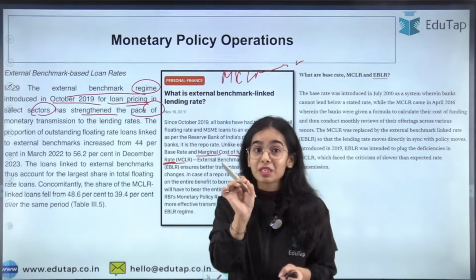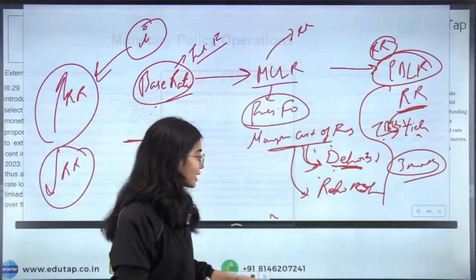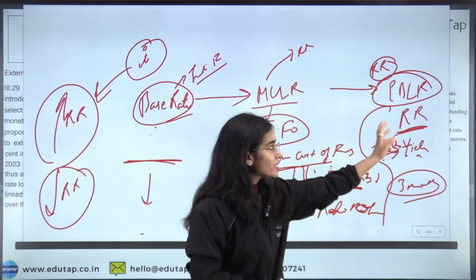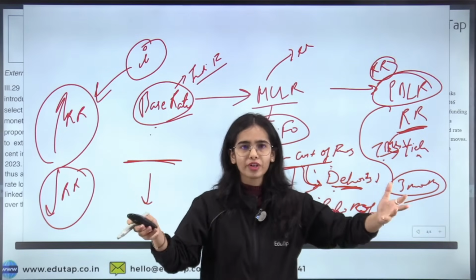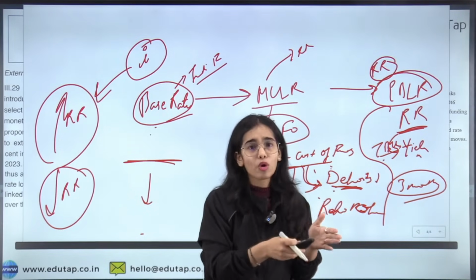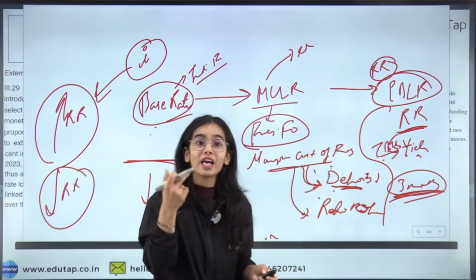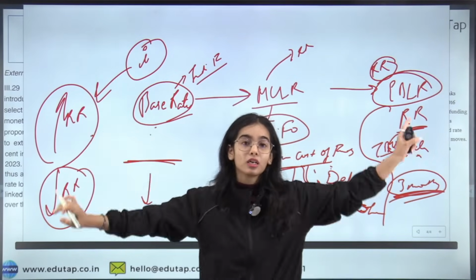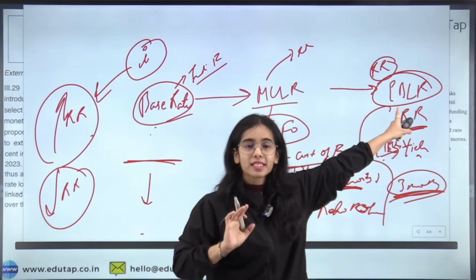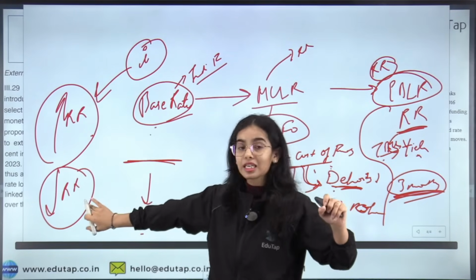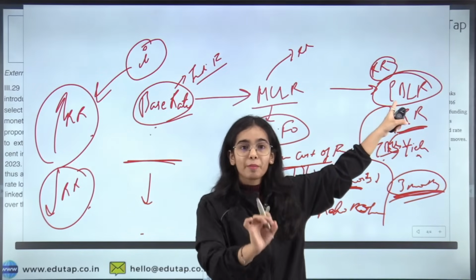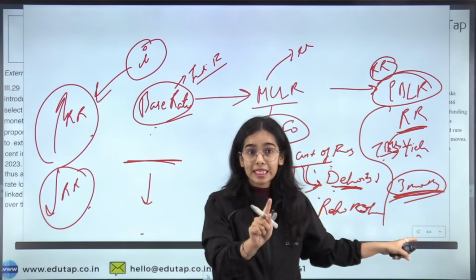There has been a specific instruction by the Reserve Bank of India that you have to follow any of these benchmarks, and you can have a spread on your interest rate and add some extra cost, but the transmission should happen within 3 months. That means if the RBI has increased the repo rate, you have to act as per the benchmark rate. If the RBI has decreased the repo rate, you have to act as per the benchmark rate, and this transmission should be seen in 3 months.